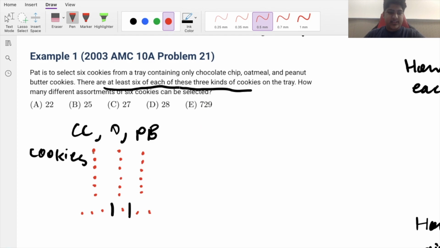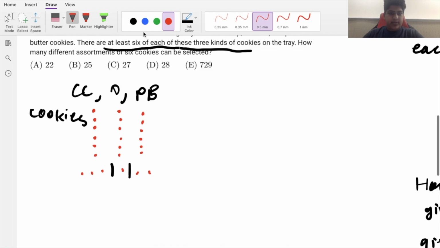Additionally, any arrangement will work because we're given at least 6 cookies of each, and even if we pick all of our cookies from a single category, those cookies won't run out.